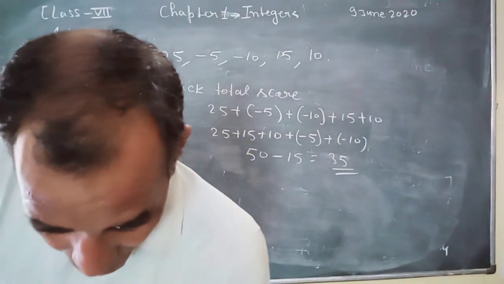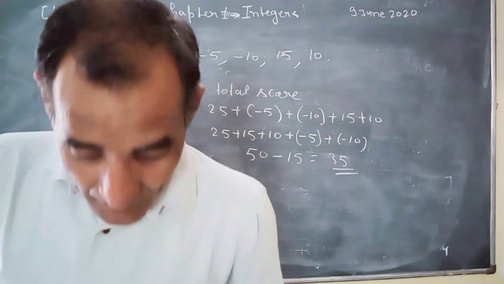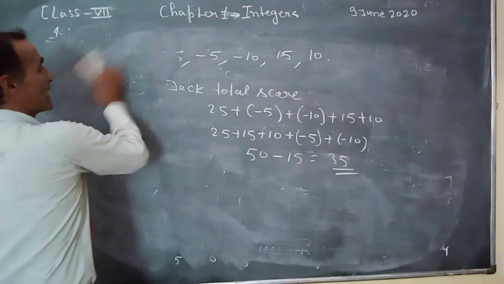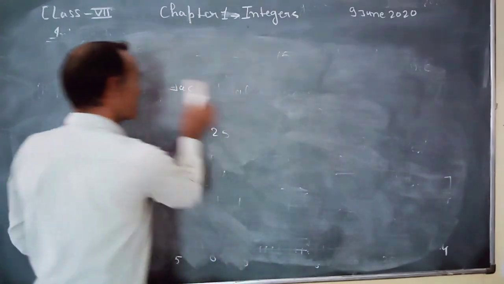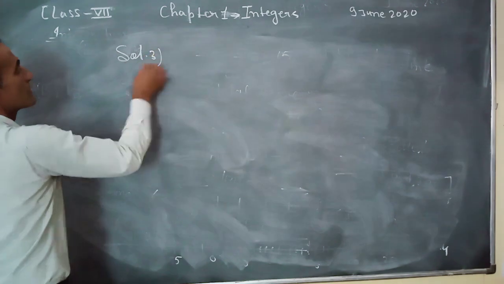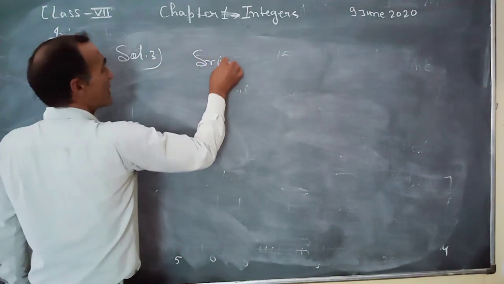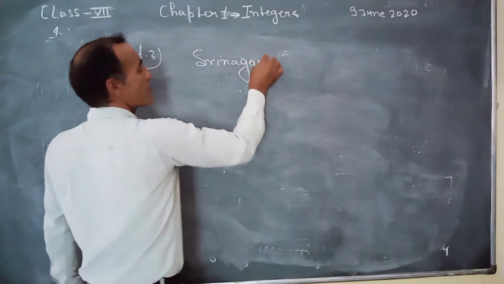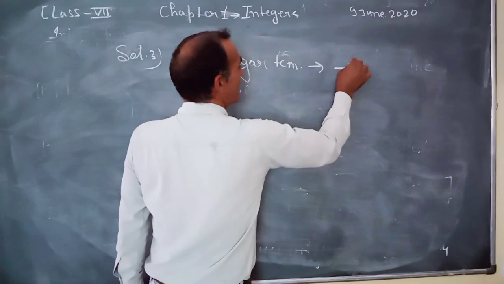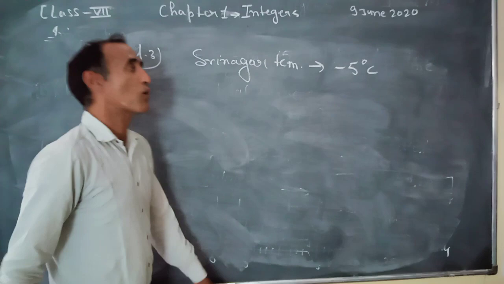Question number 3. Solution 3. Srinagar temperature is -5 degrees Celsius on Monday.